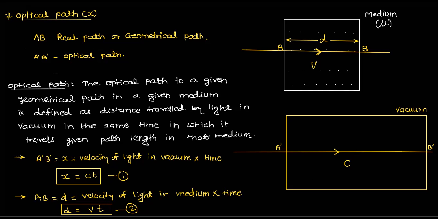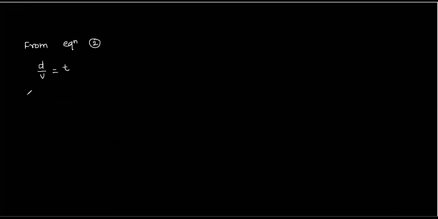So from equation 2, d by v is equal to t. Check it once. Yes or not? Substituting in equation 1, x is equal to c into t.